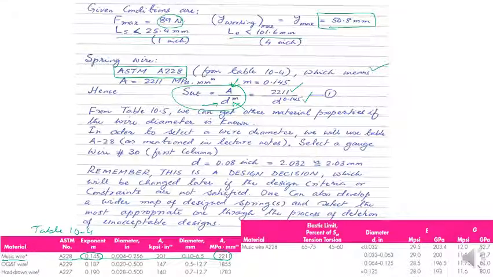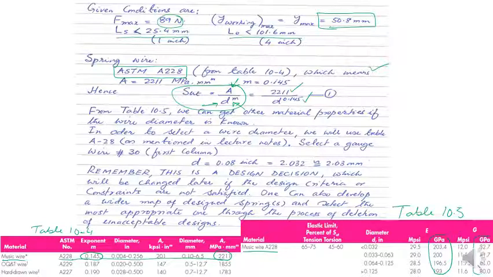I will just go to the table 10.5. And you can see for a music wire, this is not a complete table. I have just taken only a part of the table. For the music wire, this is the value of E and this is the value of G.